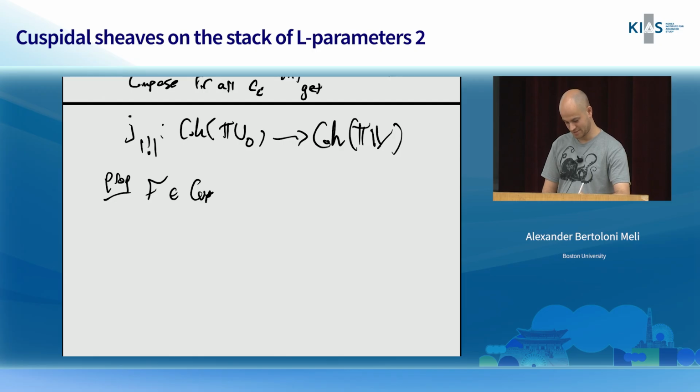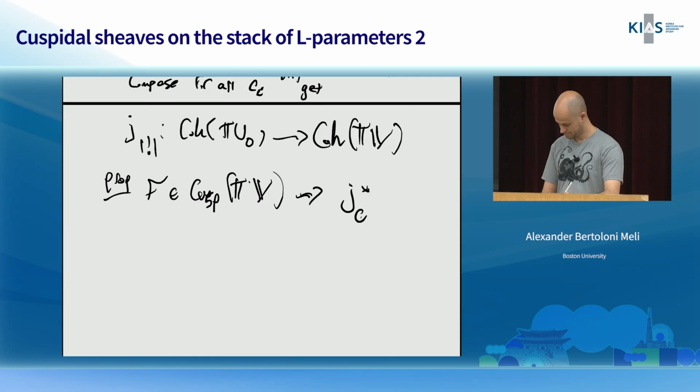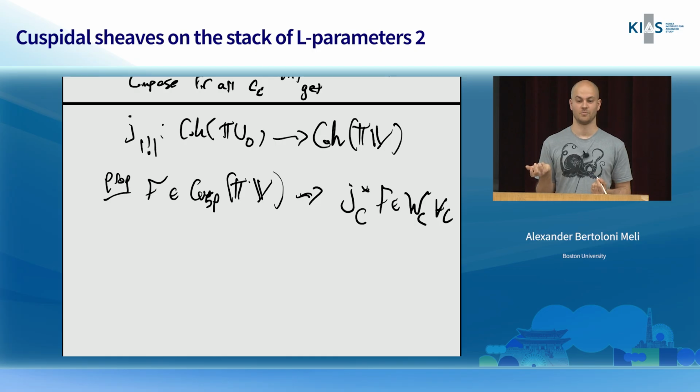So some proposition, that maybe will not shock you, is that F a cuspidal sheaf implies that the pullback is in the window category for all C's. And that's maybe not surprising because this window category was kind of defined to contain cuspidals plus a little bit, right?